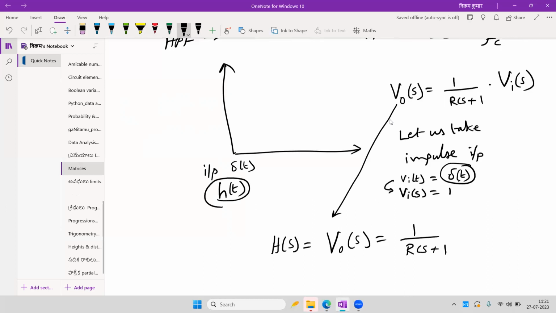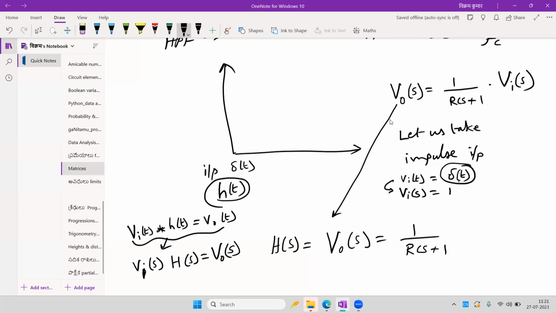Because Vi of t convolved with H of t is V naught of t. When I apply the Laplace transform, Vi of S into H of S is equal to V naught of S.